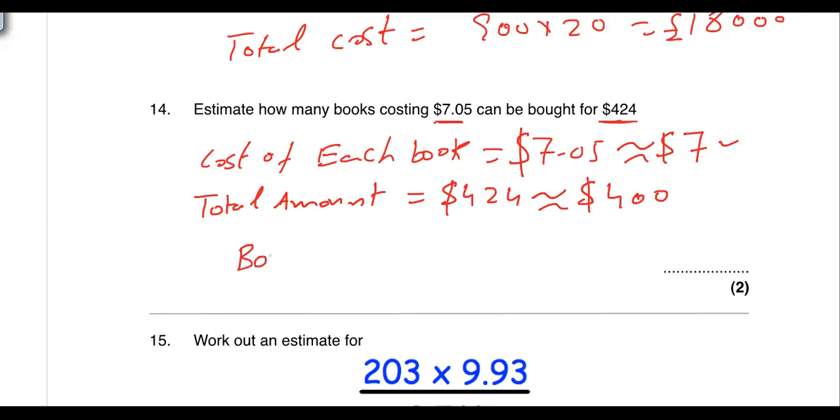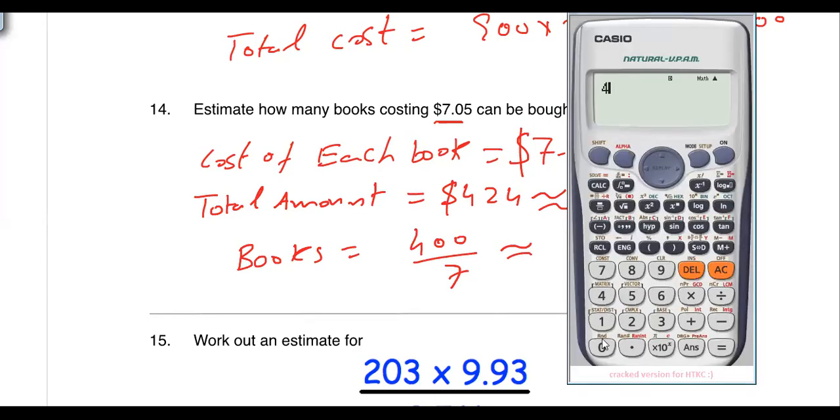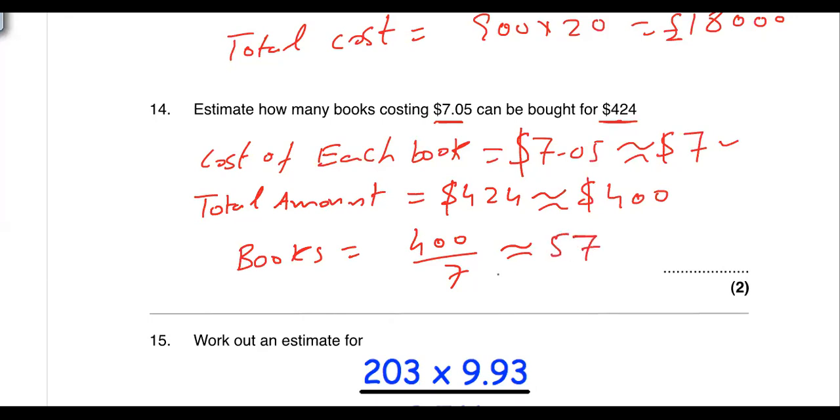So the number of books will be 400 divided by 7. So 400 divided by 7 will be 57 point something. So approximately 57, because books cannot be in decimals. So that's why around 57 books you can say. Okay. Understood?